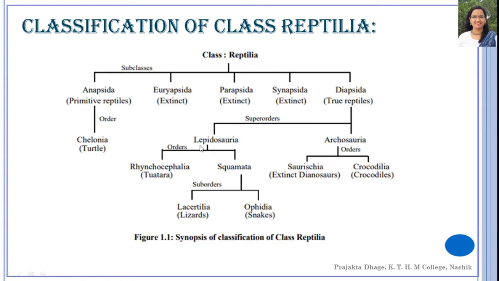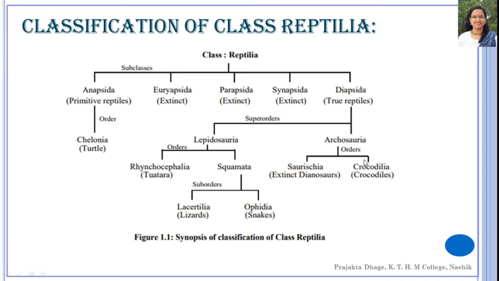Now Lepidosauria has two orders under it. One is Rhynchocephalia. The next one is Squamata. In Squamata there are two suborders. One is Lacertilia, to which all lizards belong. In the suborder Ophidia there will be all snakes.